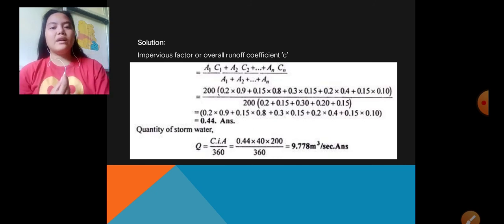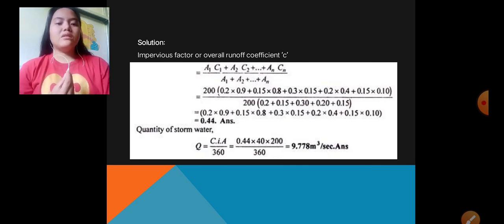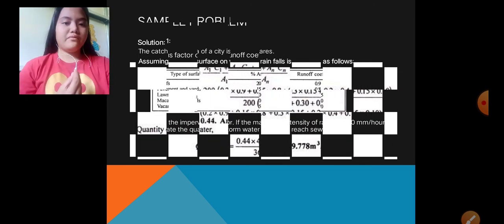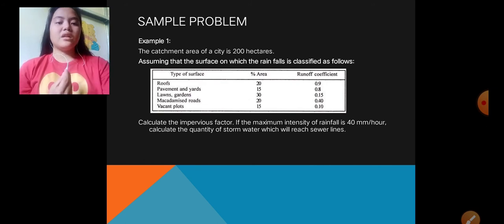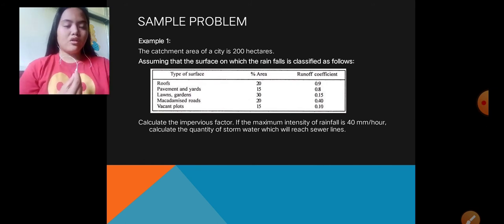So with the area of 200 times 0.2, 0.2 is from the percentage area. So percentage area, you just multiply it with the coefficient.